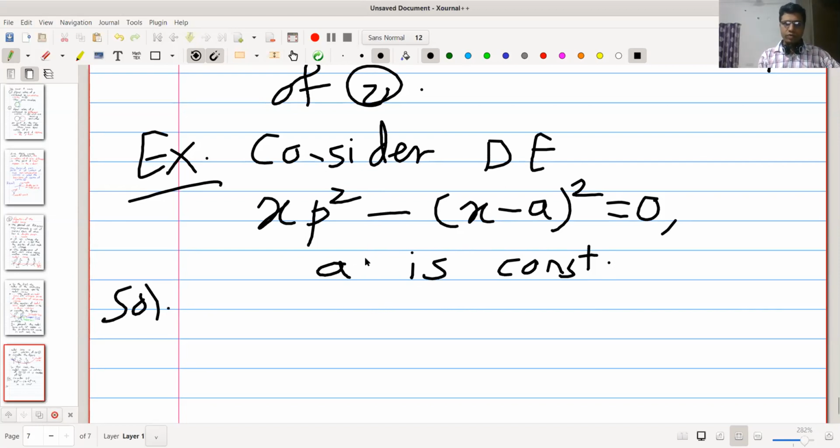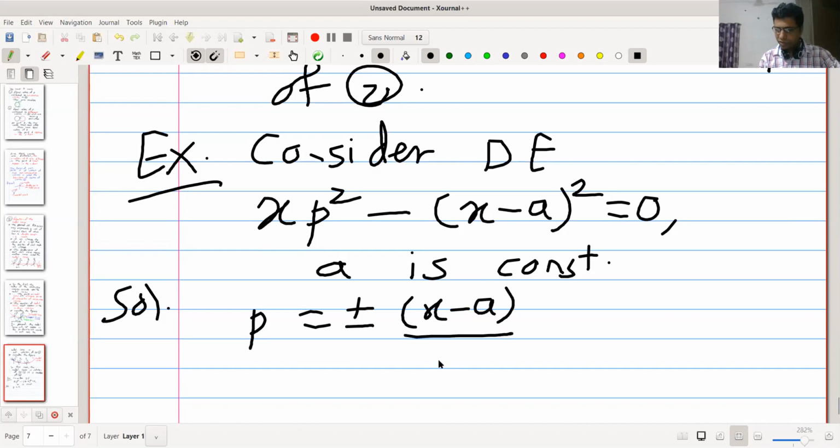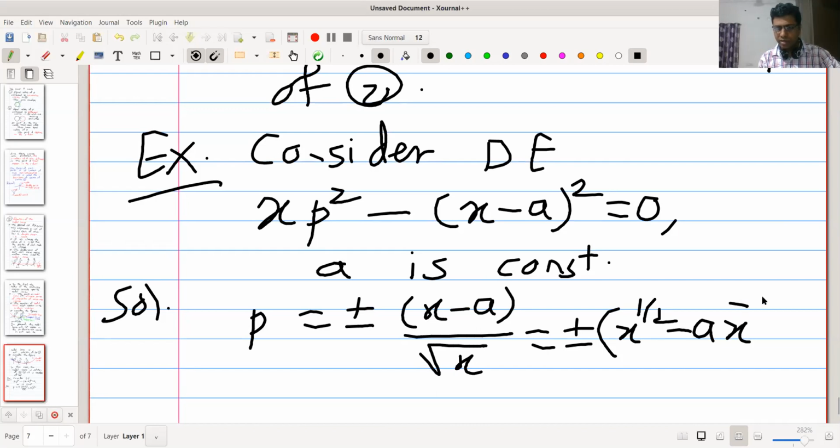So we can simplify this as p equal to, okay, so we add x minus a square on both sides and then divide by x and take square root, so that we get p equal to plus or minus x minus a divided by square root x, or it is plus or minus x raised to 1 by 2 minus a x raised to minus 1 by 2.